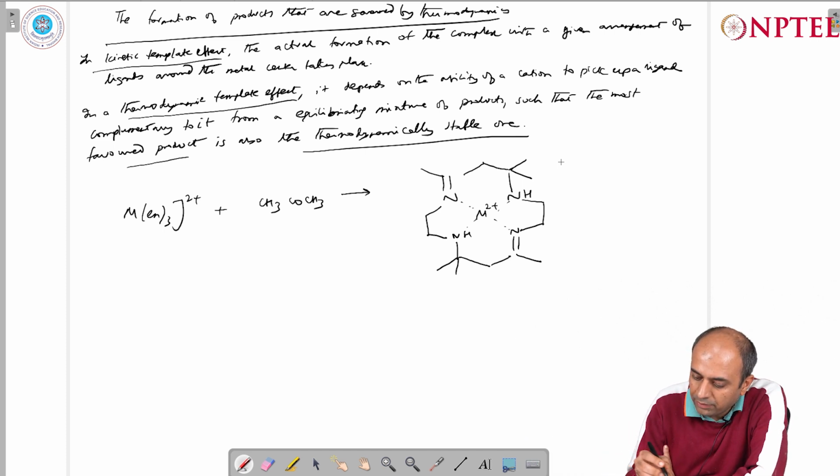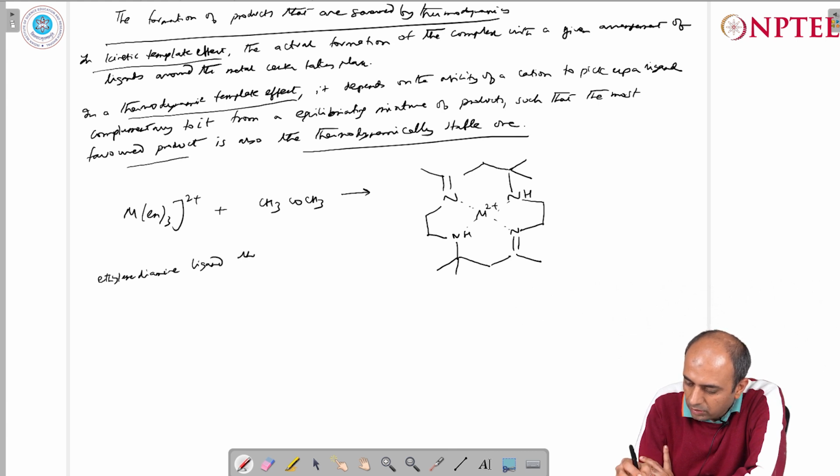So, to start with, we have got the ethylenediamine ligand that is complexed with the metal ion.